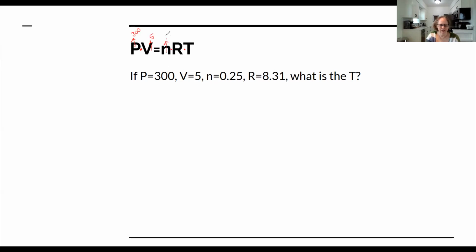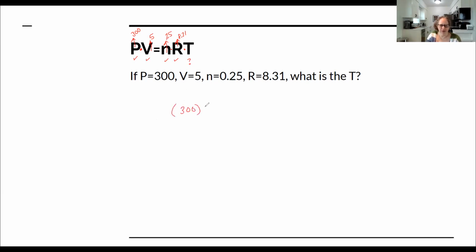Instead of N, 0.25. Instead of R, 8.31, and T is what I'm solving for. Anytime you have everything substituted in except one variable, one equation, one unknown, you know you're ready to put your math brain on to solve.